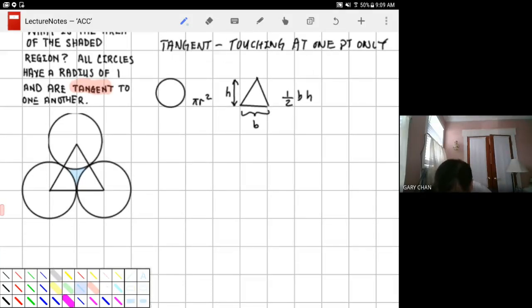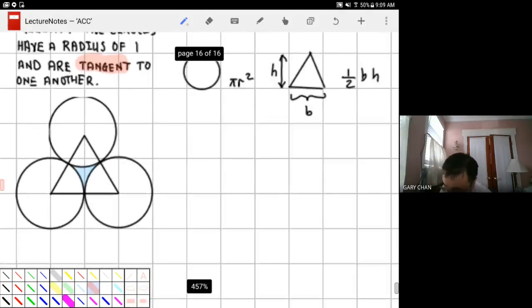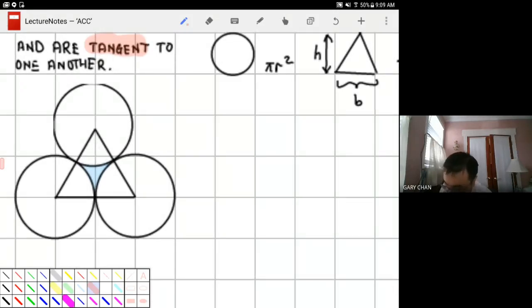The strategy right now, as Emmett pointed out, is we need to know the area of the entire triangle in between the three circles. Then we figure out the area of these little slices of pie of the circle, and subtract them from the area of the triangle, and we end up with the shaded area in the middle.